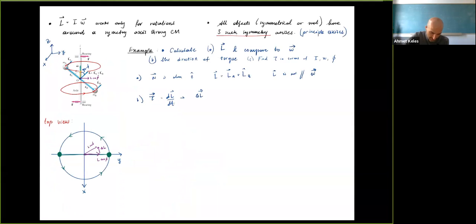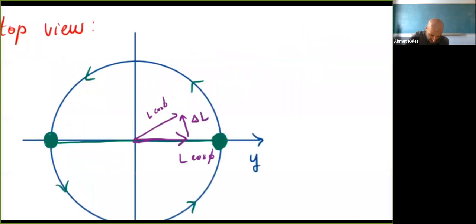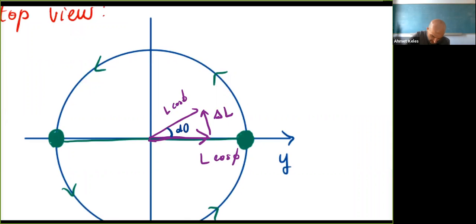Now from that purple component, I can calculate delta L, at least its magnitude. Delta L is equal to L times cosine phi times d theta. Whatever this angle is, d theta. But since d theta dt is omega, then d theta is omega dt.